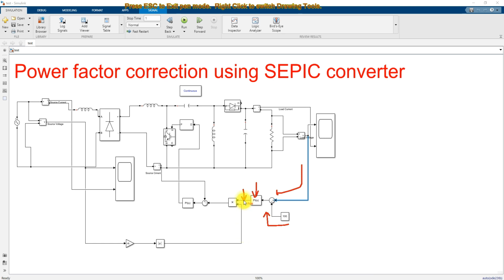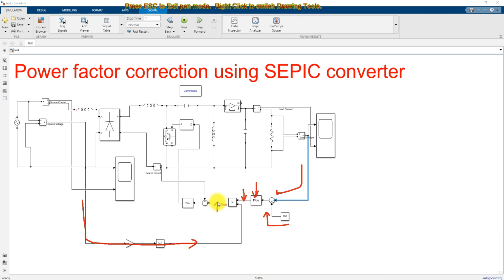Then it needs to be converted into AC form. For that we need to measure the input AC voltage, and from there you find the unit voltage vector template. That is multiplied with the reference current from the PI controller.